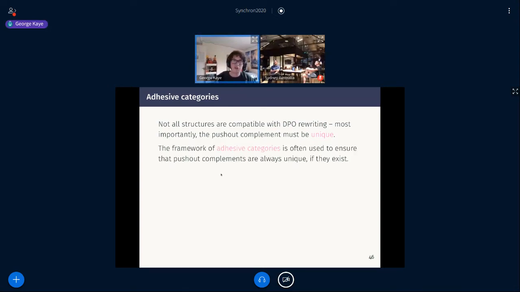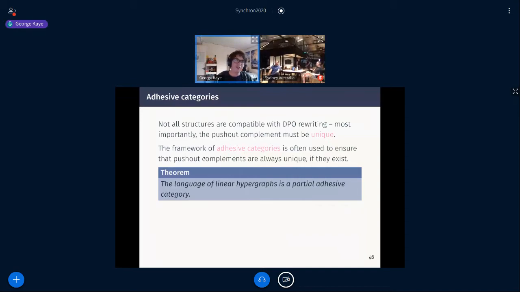Well, there's this framework called adhesive categories, which satisfy many properties, like you can always do these sort of pushout constructions. But the main part is that these pushout complements are always unique, and that's what we want. Unfortunately, our language of linear hypergraphs may not be an adhesive category, but it is what is called a partial adhesive category.